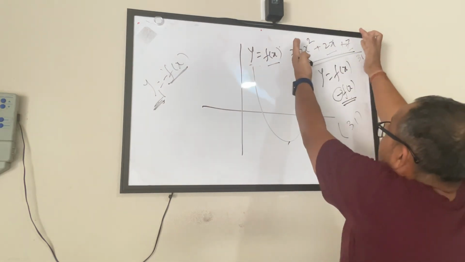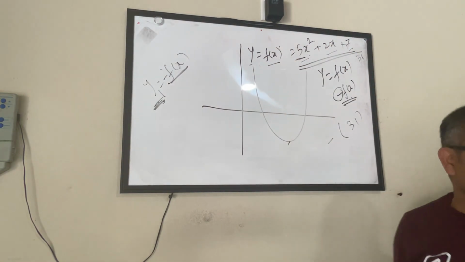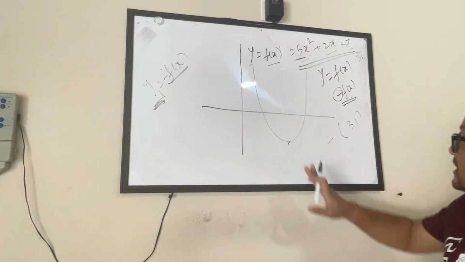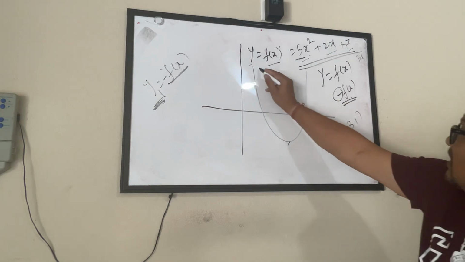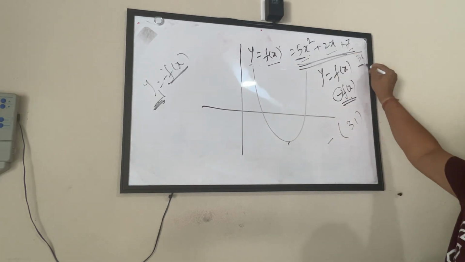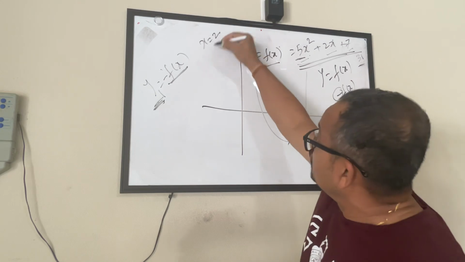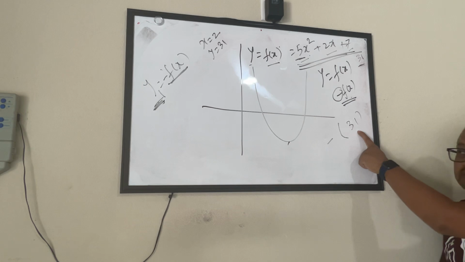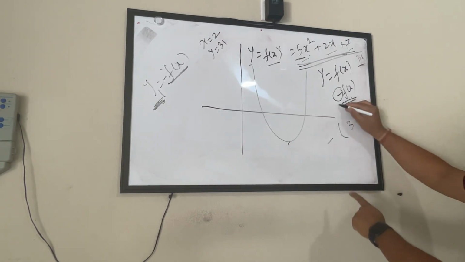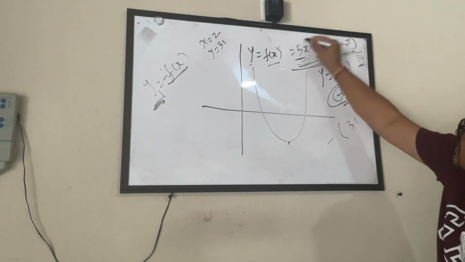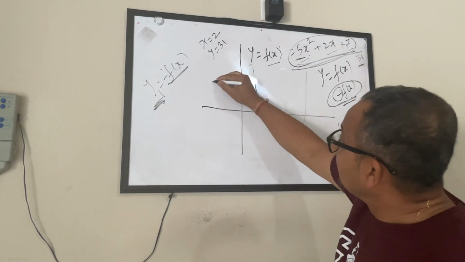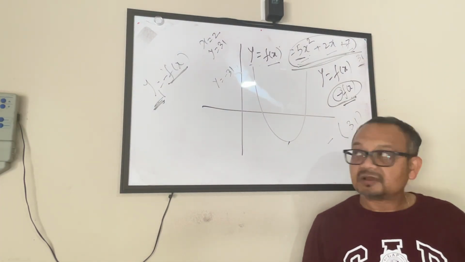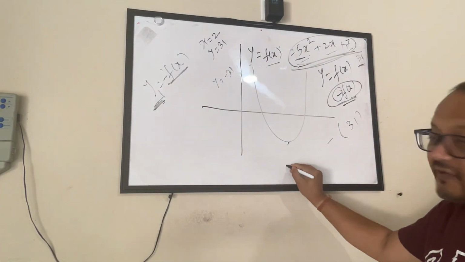Meaning whatever would have been the value for this, I want the negative of that. Here, look at this. For x equals 2, I got the value of y as 31. What I am saying here is minus of f(x), minus of this. So I am saying y equals minus 31. Meaning it will be somewhere here.